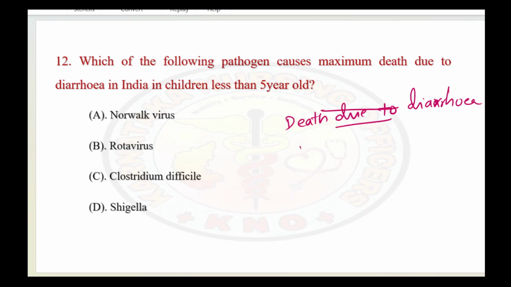Okay, they have asked you maximum deaths which is happening due to diarrhea in children, especially less than 5 years old. Options are Norwalk virus, second is rotavirus, third is Clostridium difficile, and fourth is Shigella. So we know that rotavirus is the vaccine which we are giving to control the deaths due to diarrhea in children. The right answer is B.